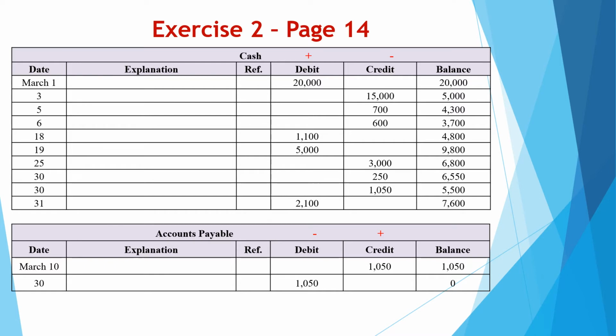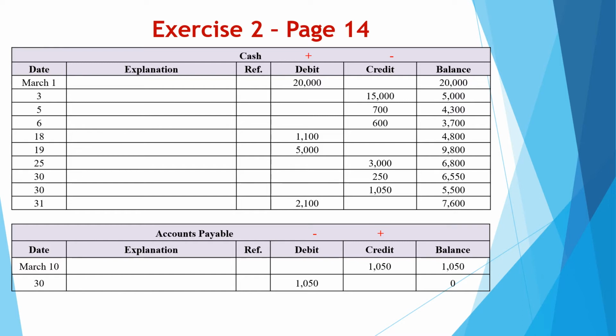After March 3, we look to the general journal and we find that the cash appears again in March 5. It was $700 in credit. So we need to transfer this credit amount of 700 to the general ledger. We put the date March 5 and the 700 in the credit as well, and we calculate the new balance.